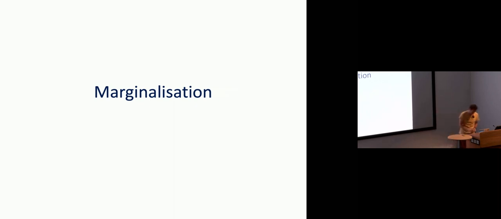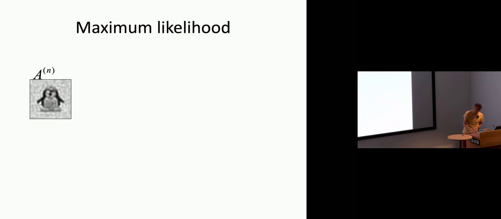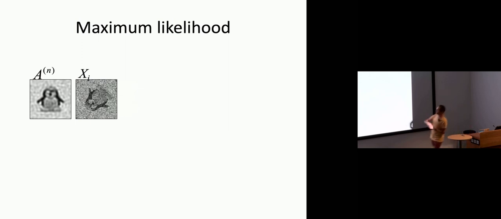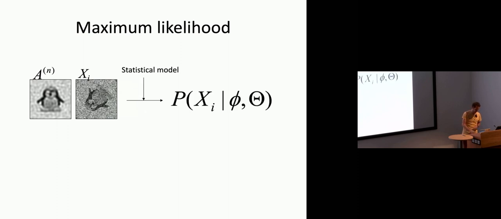So what is marginalization? We have our reference projection, and we have our noisy experimental image. I'm now going to use a statistical model of the noise, which, as a first approximation, I could just assume that the noise in the real space pixels is all Gaussian distributed, and all these pixels are independent from each other.